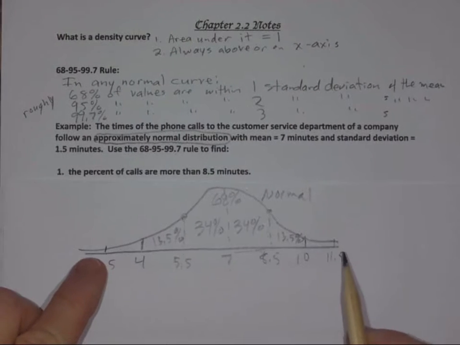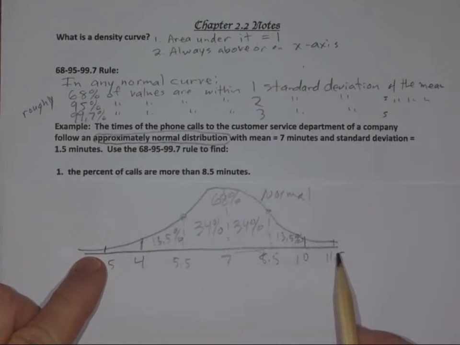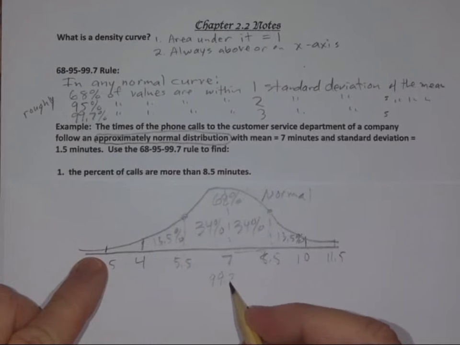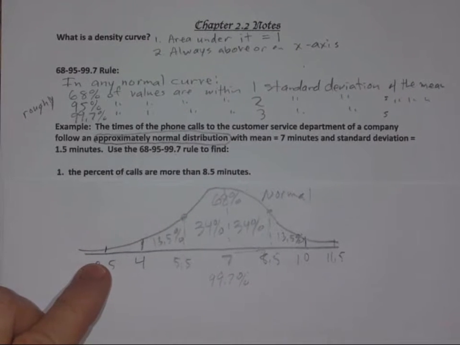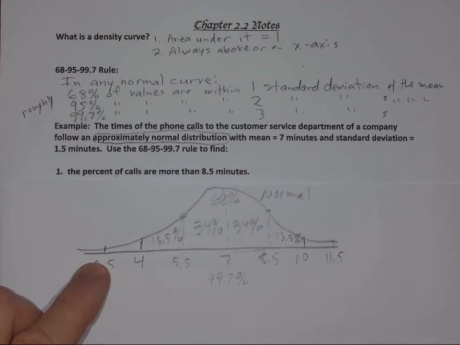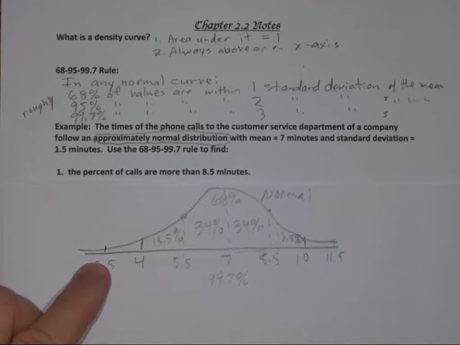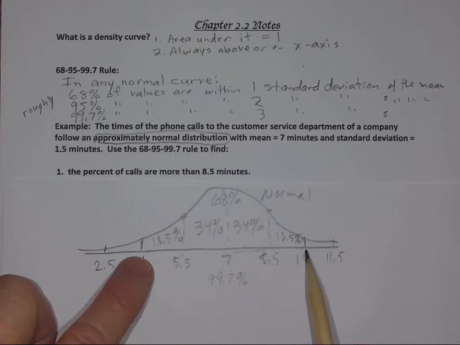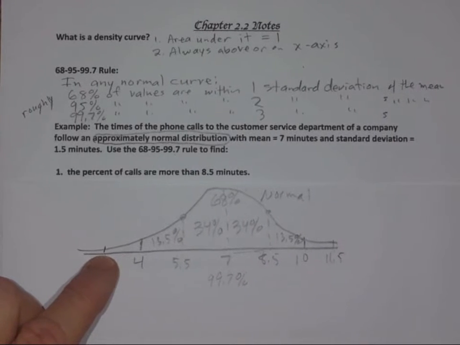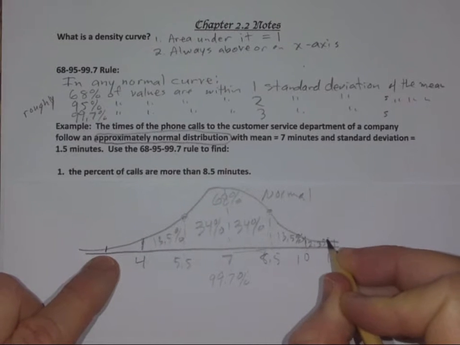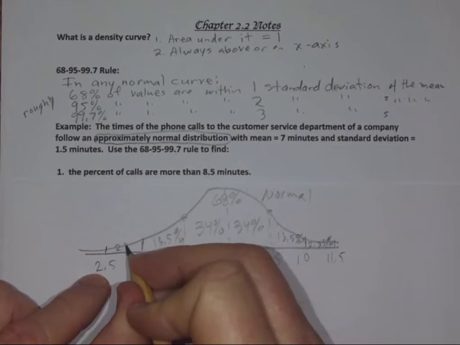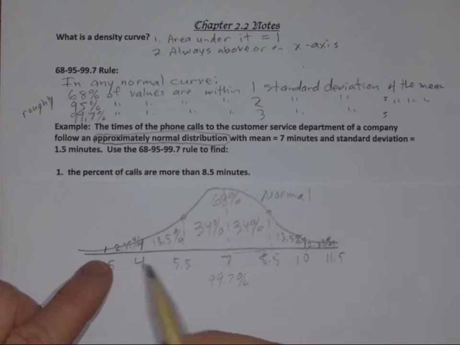That would encompass 99.7%, so 99.7% of the curve is between there and there. If I say 99.7 minus 95, that means 4.7% is out here, and if I divide that by 2, that ends up being 2.35% in each of those.